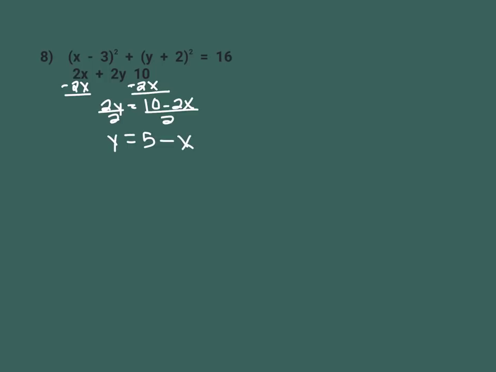So if y is equal to 5 minus x, we can take this 5 minus x and substitute it in for y into the other equation. Okay, so when we substitute it in for y into the other equation, we're going to just bring down the x minus 3 squared.